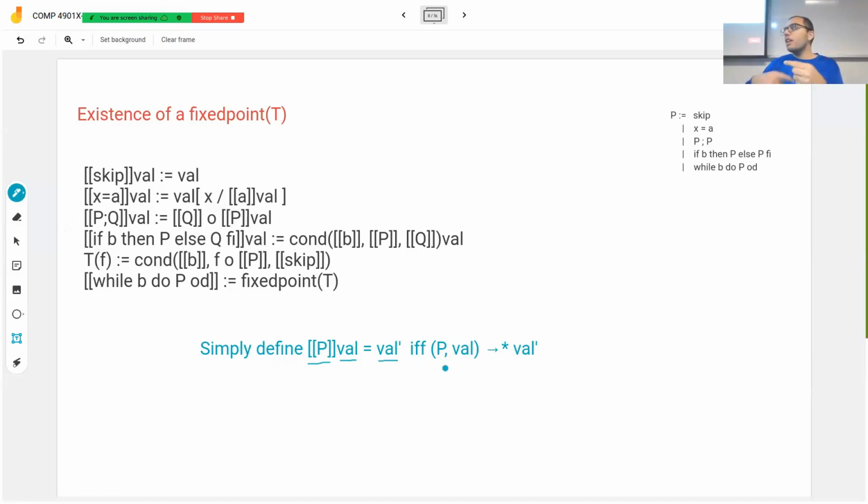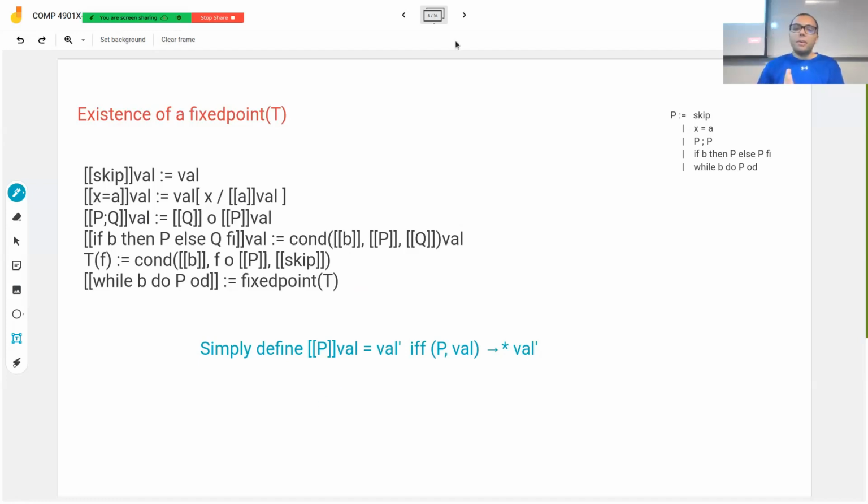And I get that if and only if I can run the program P on val and it ends at val prime, right? So if I take that definition, then what I assign by this definition to while is going to be a fixed point of T. So this proves that there is a fixed point for T.